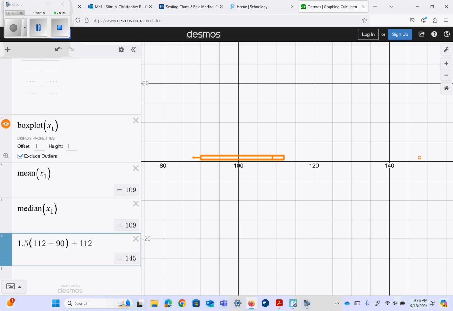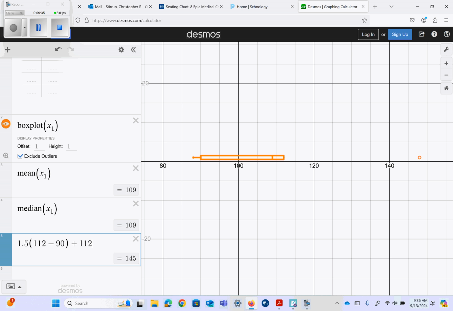You would have to definitely use those two equations: Q3 plus 1.5 times the IQR, or Q1 minus 1.5 times the IQR. You definitely have to use those.